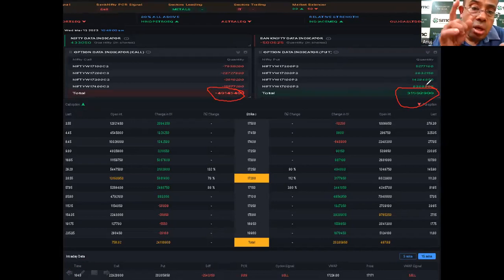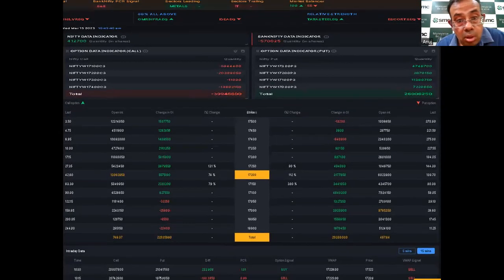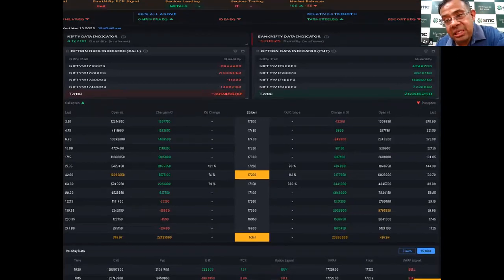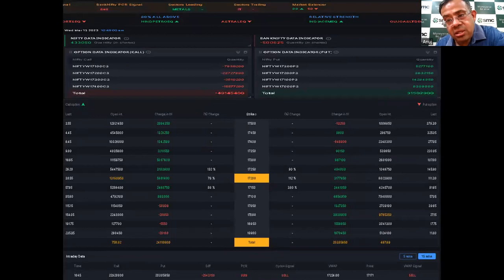Flow of money is aggressively negative. Previously, what it was, 3 crores 99 lakhs. Now it is 4 crores 91 lakhs. And similarly, it was 2 crores 60 lakhs on the put side, whereas it is 3 crores 15 lakhs. Market was still positive.